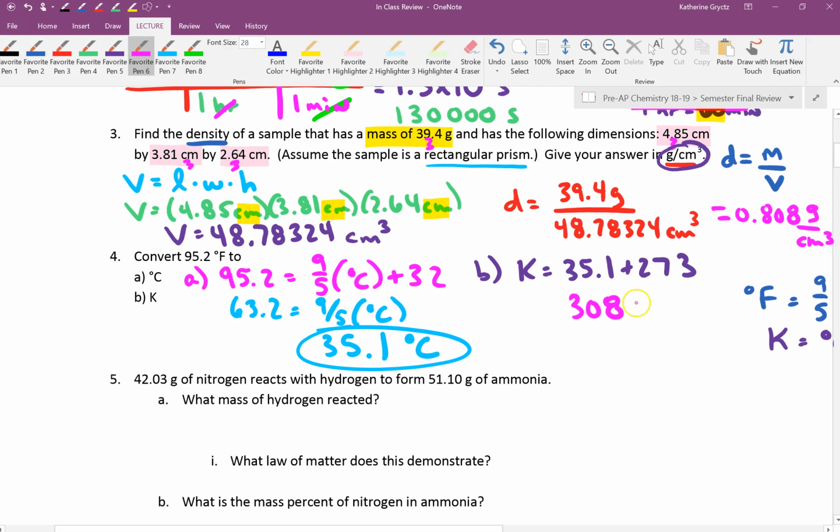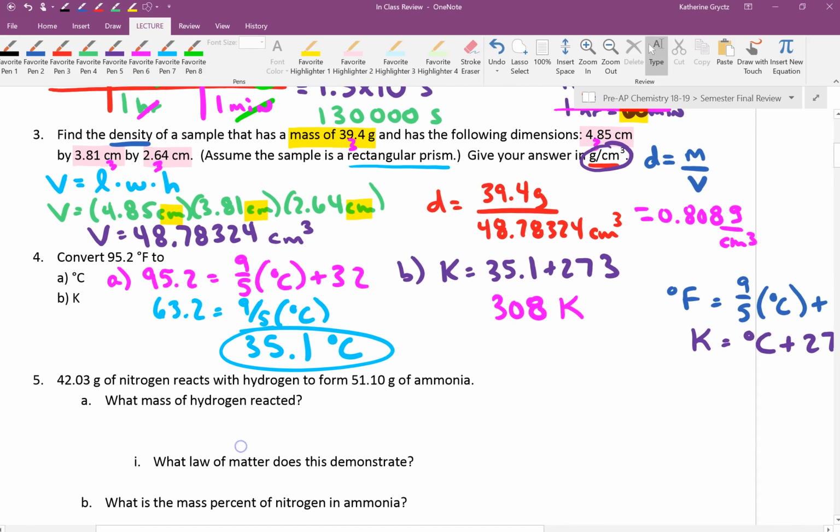Okay, so you would get 308 Kelvin. And on these temperature conversions, we're not going to grade sig figs on the Fahrenheit to Celsius. I would just go with what you were given. This is mostly going to be multiple choice questions, so you just have to be able to convert that.